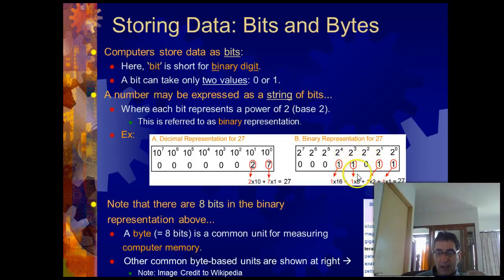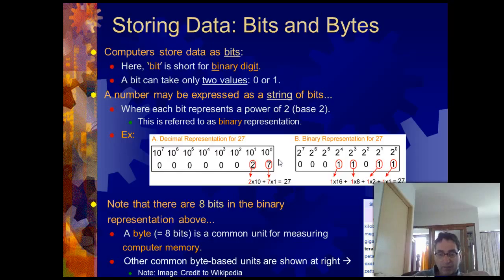Anyway, 1 times 8 and 1 times 16. Okay, so another way to represent the same quantity, which was represented as 27 in decimal notation, is 11011. This is called binary representation for the same quantity, as 27 was the decimal representation of that quantity.